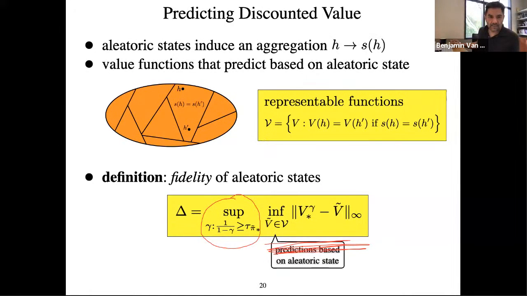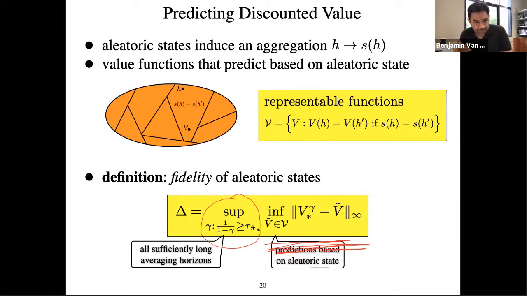And so I'm going to take a supremum over discount factors that identify sufficiently long horizons.